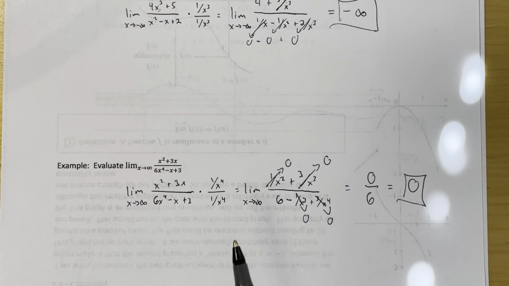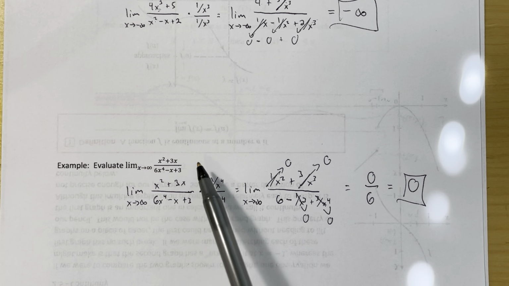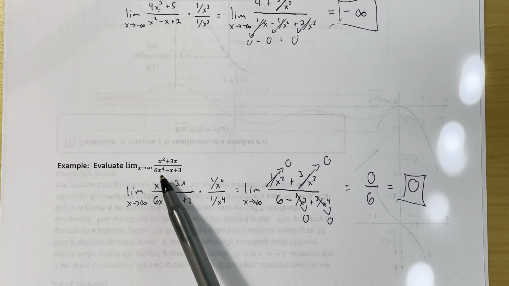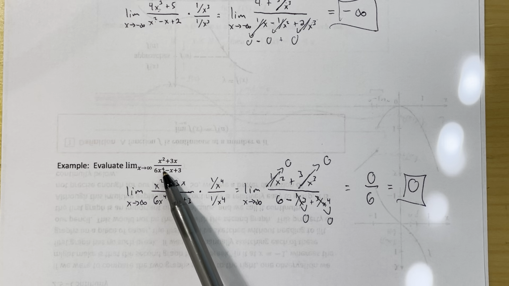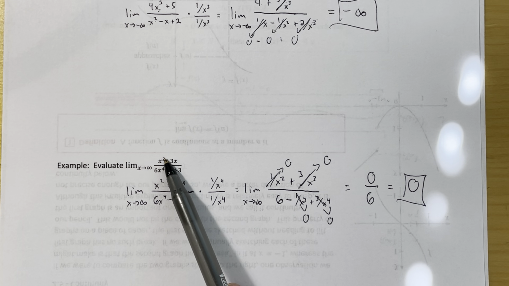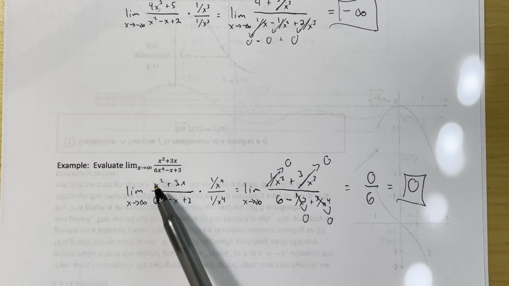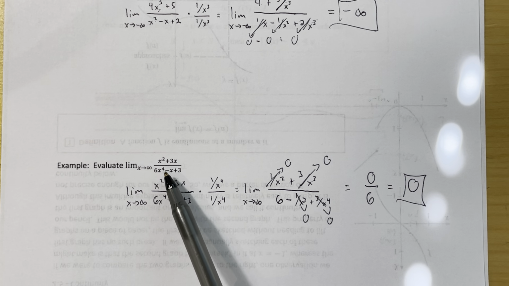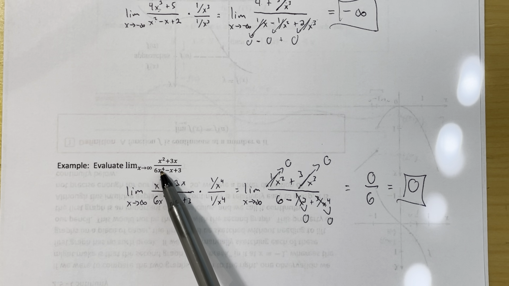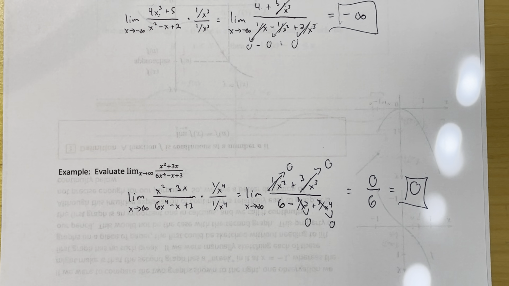If you have the reverse case, like we saw down here, if your denominator has the larger degree, and the numerator has a degree that's strictly smaller than the denominator, then the denominator is going to overcome the numerator and shrink that thing down to 0.